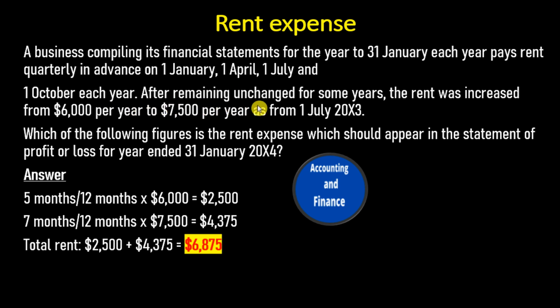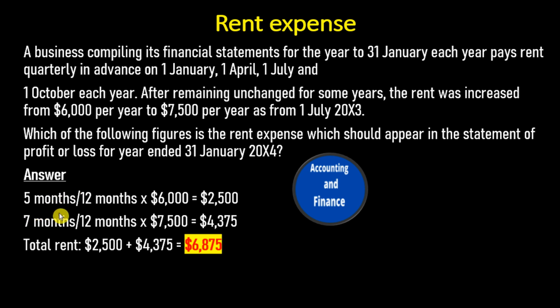After remaining unchanged for some years, the rent was increased from $6,000 per year to $7,500 per year as from 1 July 20X3. Which of the following figures is the rent expense which should appear in the statement of profit or loss for a year ended 31 January 20X4?